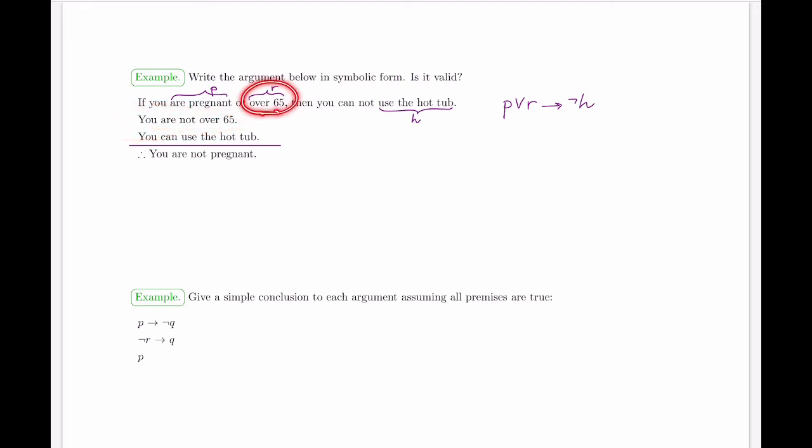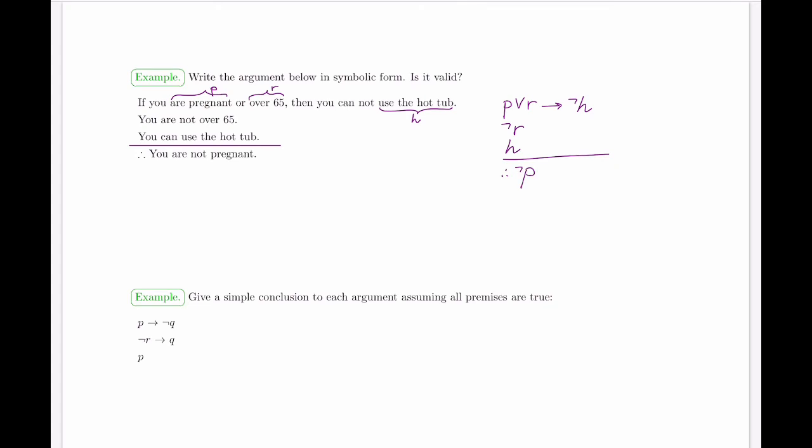Being over 65 was denoted by R, which means that this corresponds to not R. And then finally, my last premise is the fact that you can use the hot tub, which corresponds to H. And the conclusion drawn by this argument is that you're not pregnant. Being pregnant is P, so being not pregnant is not P.